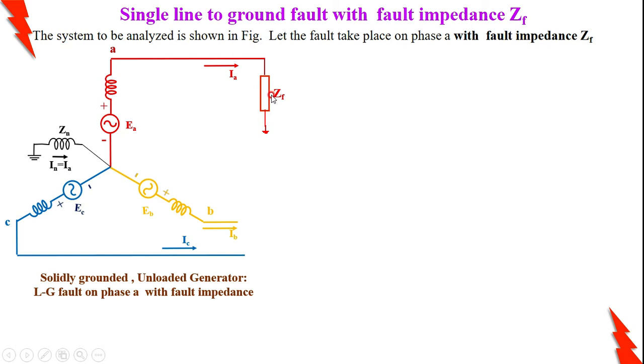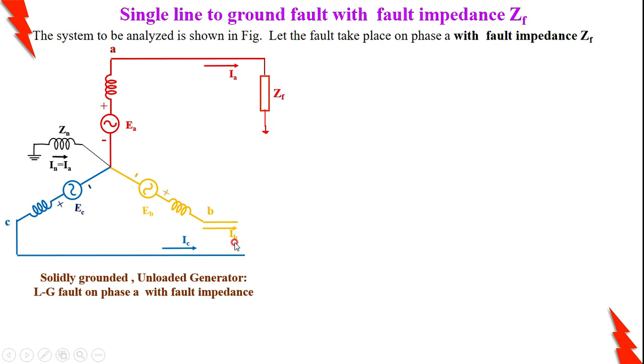That is the voltage condition we are getting for line to ground fault with a fault impedance ZF. And once again, IB and IC are 0 because it is an unloaded generator. But the fault is occurring on phase A with a fault impedance ZF.